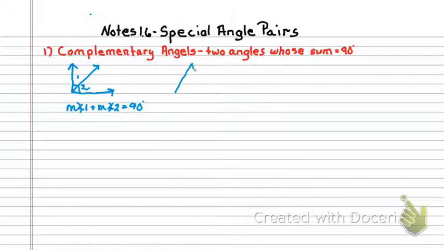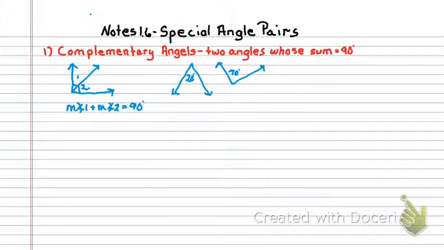I could also have an angle that might have a measure of 30 degrees, well, maybe it doesn't want to be 30 degrees. We'll make it 20 degrees and another angle of 70 degrees.